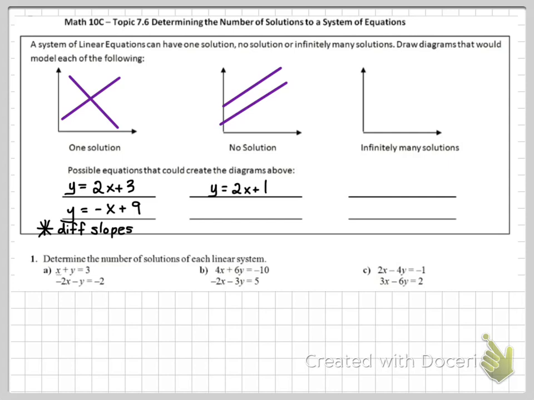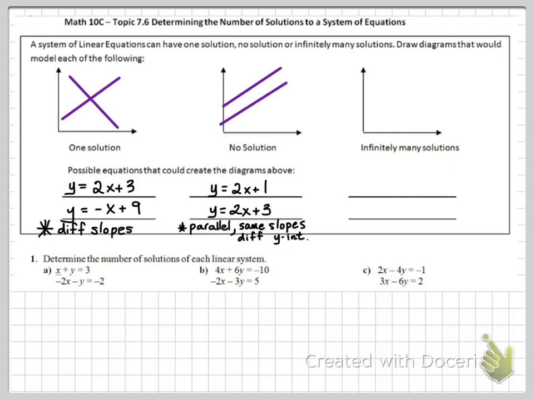The second equation would have to be y equals 2x, has to have the same slope, plus 3, let's say, so that it has a different y-intercept. So we can summarize that by saying they're going to be parallel lines, same slope, different y-intercepts, no solution.